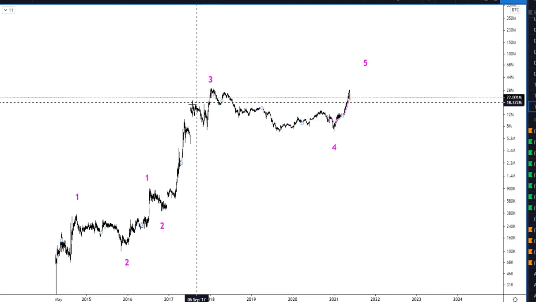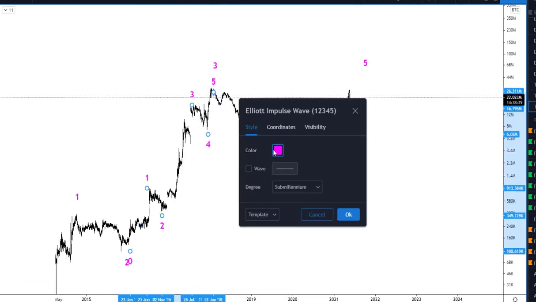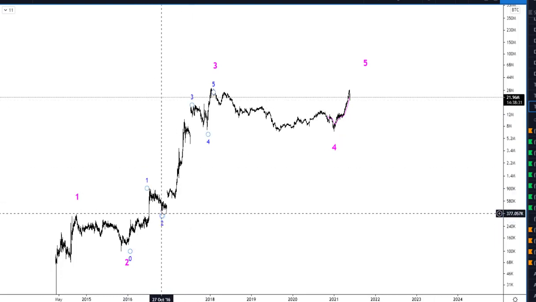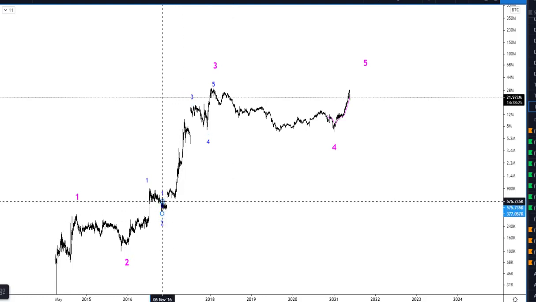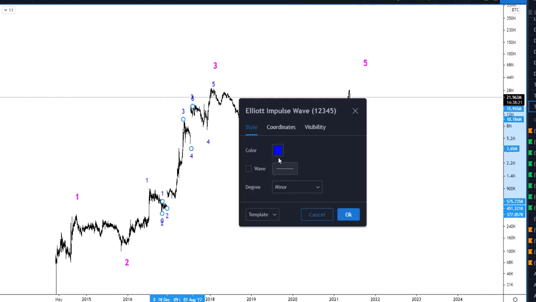On this 3 wave, you have this subdivision in 5 waves. And this wave 3, 1, 2, 3, 4, 5. I mean, you have 2 other levels of subdivision in this, right? So it's a very, very nice chart.